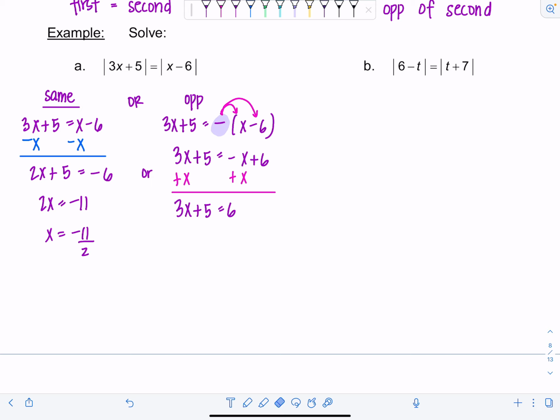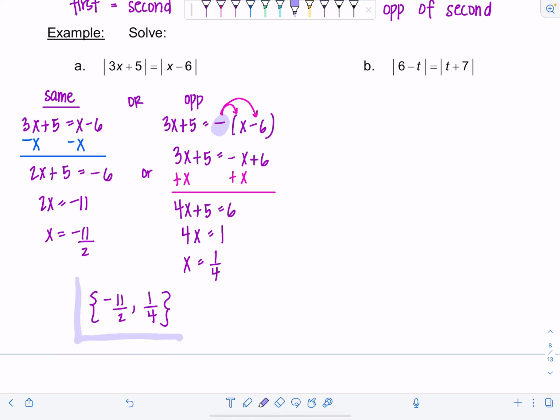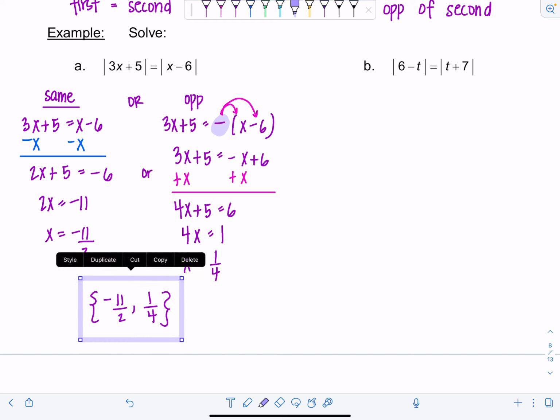I didn't add x, huh? I wrote it down and I didn't do it. My goodness. 4x plus 5 equals 6. So subtracting 5, 4x equals 1. x is 1/4. So those are our two answers. We've got negative 11 over 2 and 1/4. See, not too much worse. Only thing you've got to remember is put those parentheses on the right-hand side so you distribute that negative.